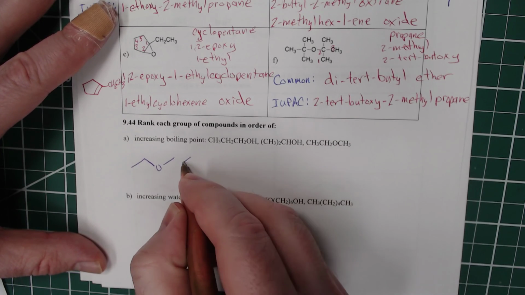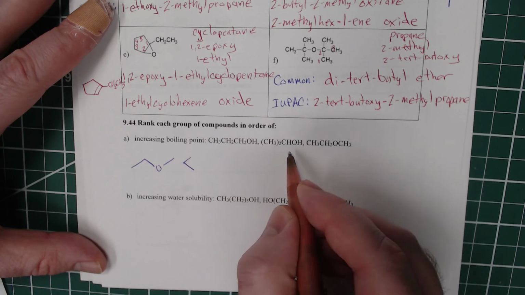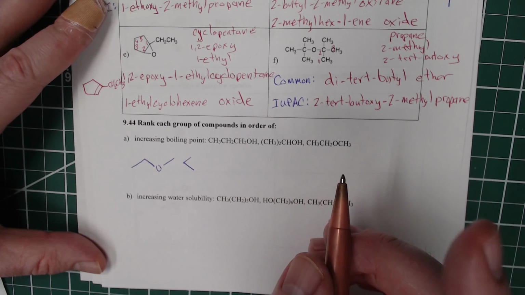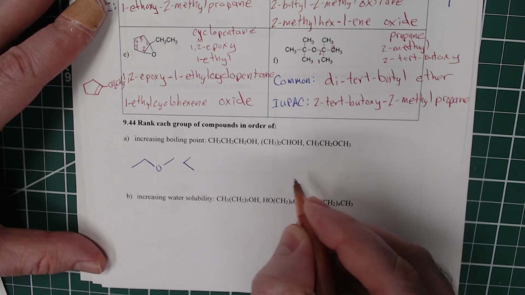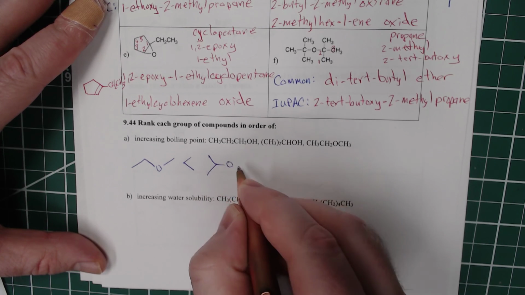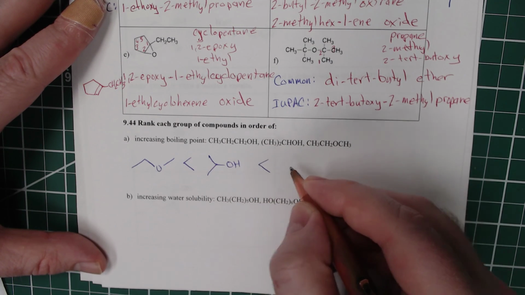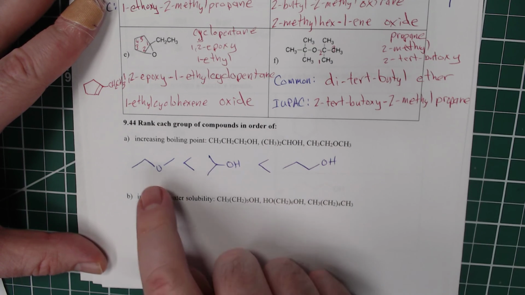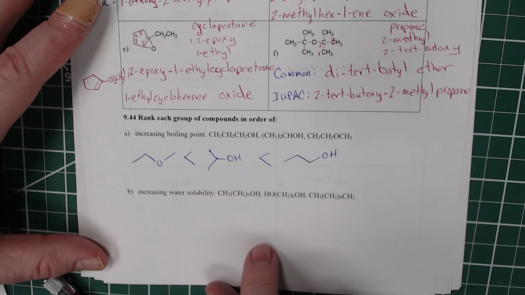Now we've got propanol and isopropanol, and the more sterically hindered will have a lower boiling point than the less sterically hindered. So we'll do the isopropanol next, and then our highest boiling point is going to be the regular propanol.